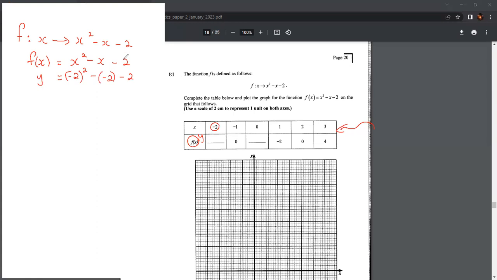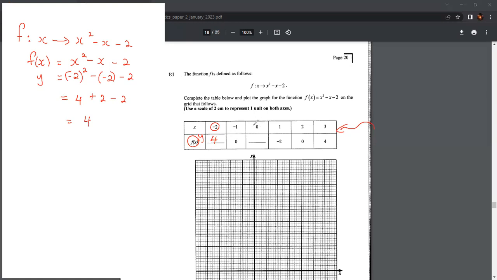So when x is -2, my f of x value or my y value is going to be -2 squared. That would be 4, minus minus becomes a plus. So we'll end up with 4 plus 2, that's 6, minus 2, that's 4. So this here will be 4.